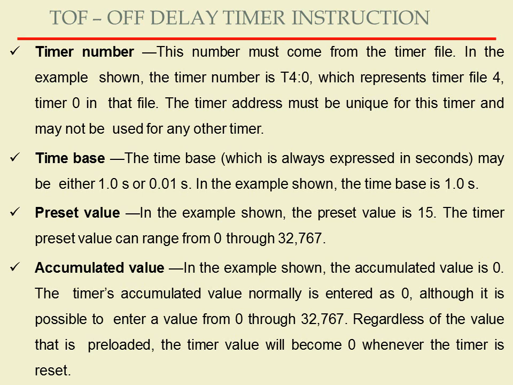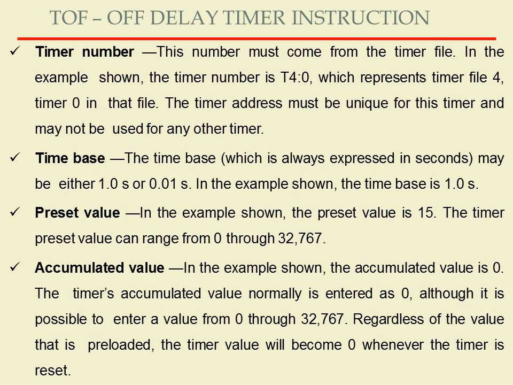Then the preset value. In this example, the preset value is 15. The timer preset value can range from 0 to 32,767. Next is the accumulated value. Here the accumulated value is shown as 0.